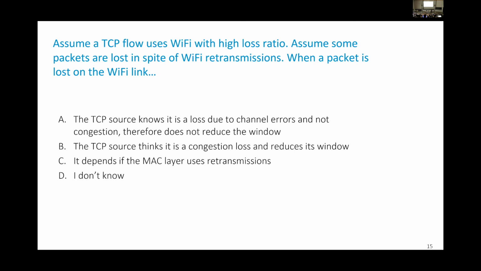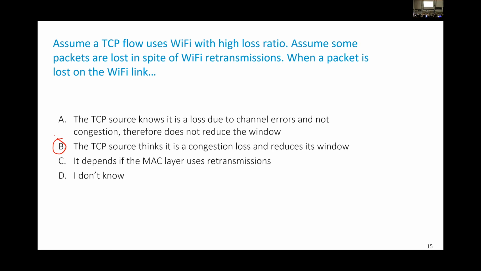And of course, the correct answer is B, unfortunately. If TCP is at the source, TCP could know it's a loss due to Wi-Fi, so it could do something, but in practice, it's never done because TCP is in the operating system, the Wi-Fi is hardware.